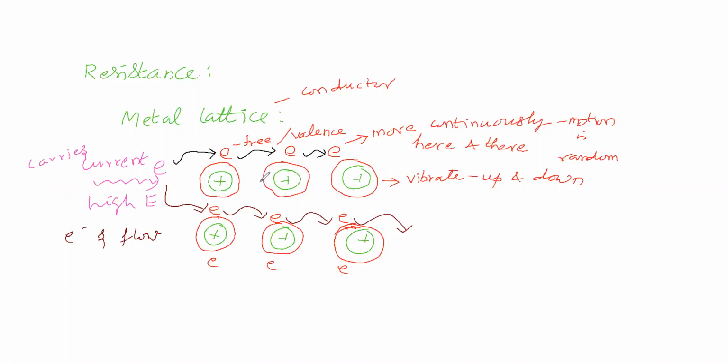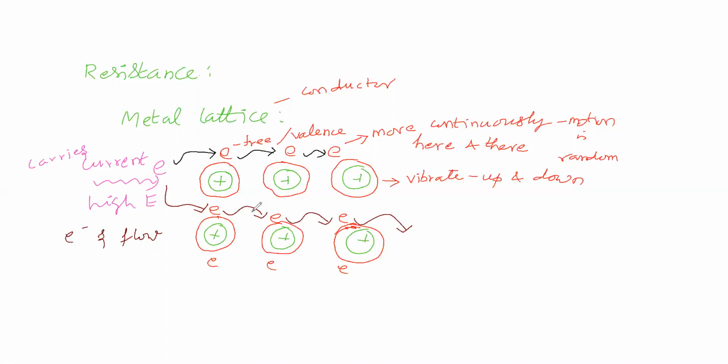Another way of saying current passing means what? This current electron comes to this place, while this free electron goes to this place, while this free electron goes to this place. That means movement of electrons.